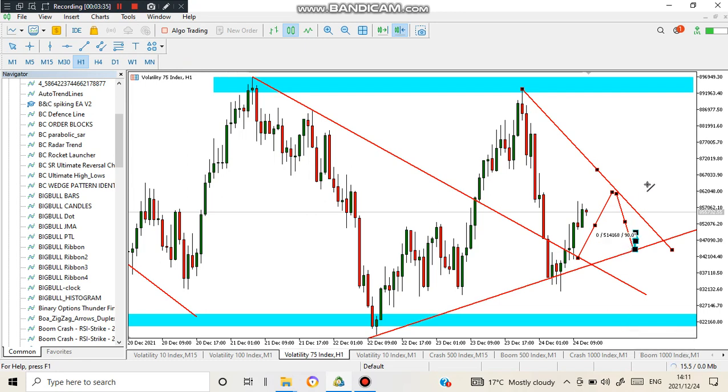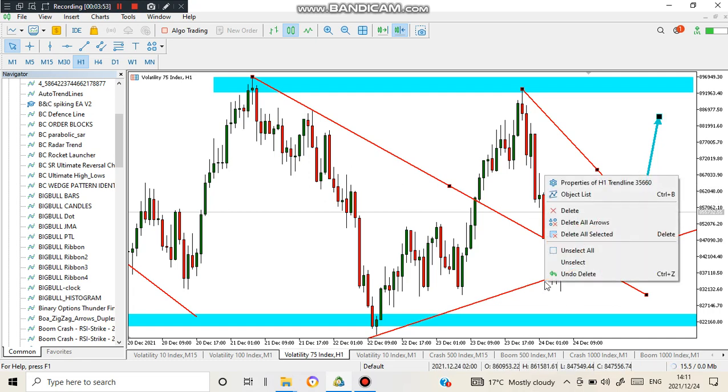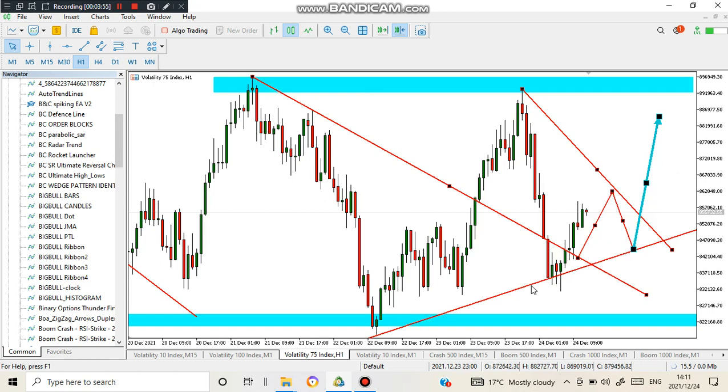You guys see what I'm talking about? We're waiting for a lower high before we draw a trend line. Right now, I'm just gonna remove this and show you guys what's happening on the 15-minute time frame. But based on a 1 hour time frame, that is what we can do if you want to trade a 1 hour time frame.